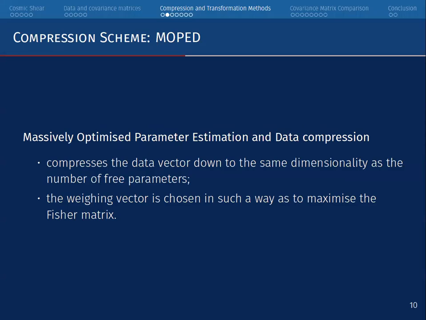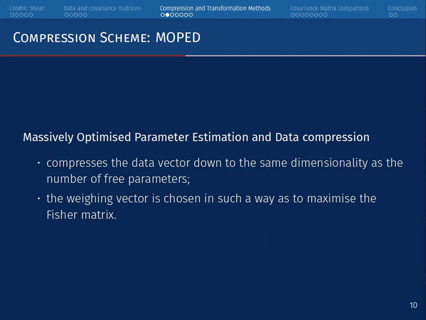To compress both the data and the covariance matrix, we use the massively optimized parameter estimation and data compression algorithm, or MOPED for short. It compresses the data vector down to the same dimensionality as the number of free parameters. It does the same with the covariance matrix.